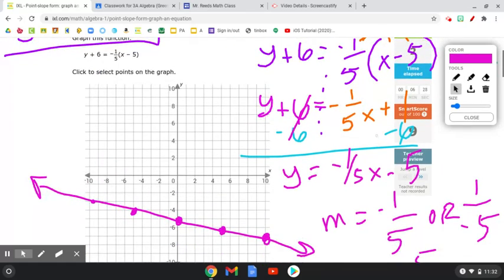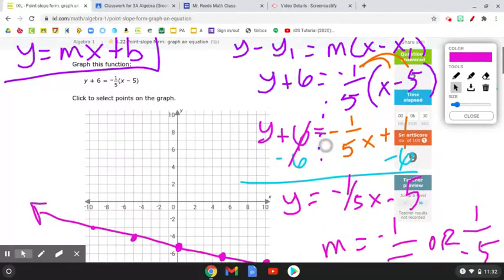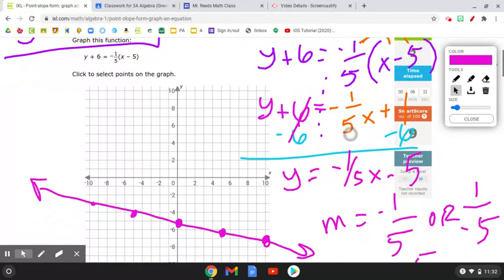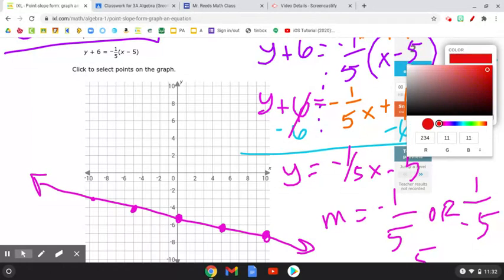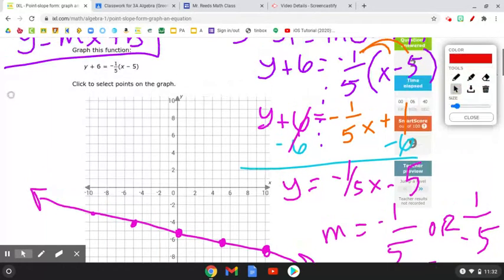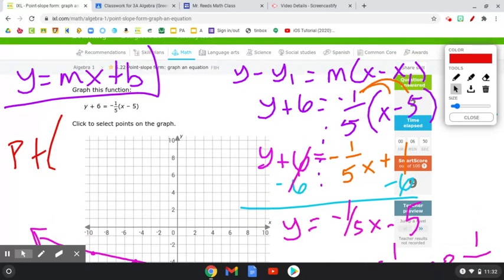Now, another way to do this is, remember, this is point slope. Point slope form means we need two things: a point and a slope. Looking up here, in point slope form, there's your x1 and your y1.